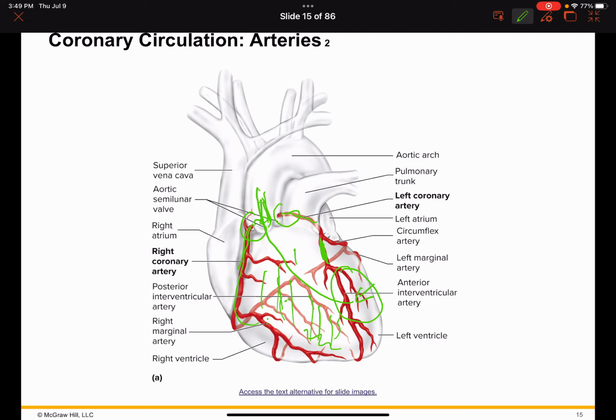That blood won't get into this part of that heart muscle. Reduced blood flow to certain parts of the heart muscle leads to what? Myocardial infarction. Also, we commonly say heart attack. Think about this muscle doesn't get any blood, that means no oxygen. So there is no ATP, no contraction. What happened? So it leads to that heart attack.